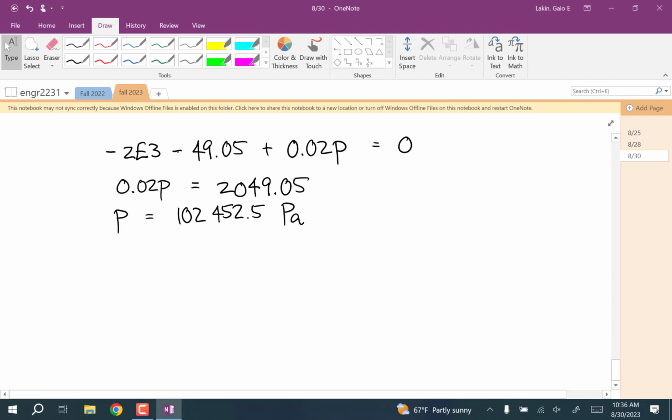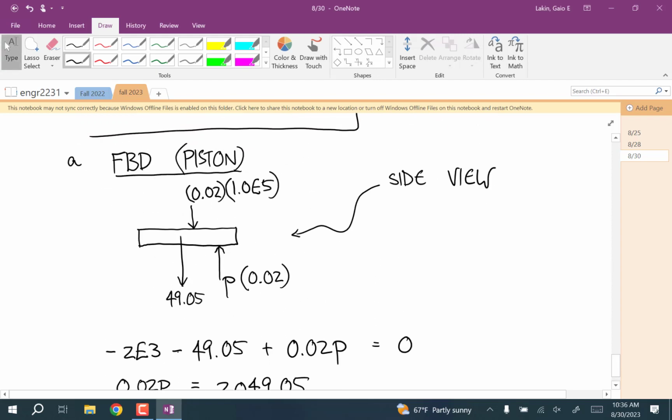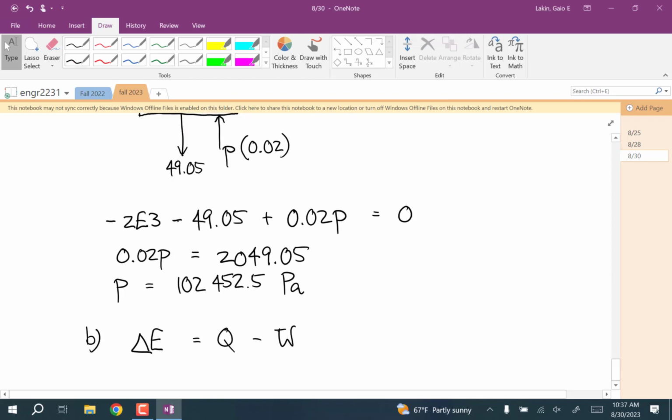Now we're going to use the first law. So this was part A. For part B, we're going to use that the change in energy is equal to Q minus W. This is insulated, so we know that there's no heat transfer.